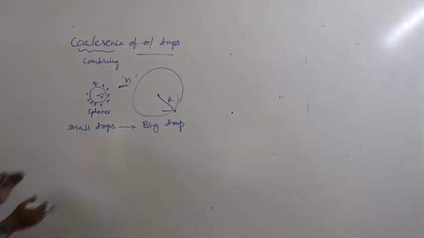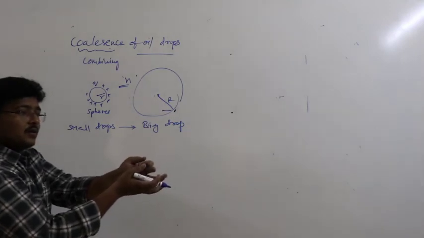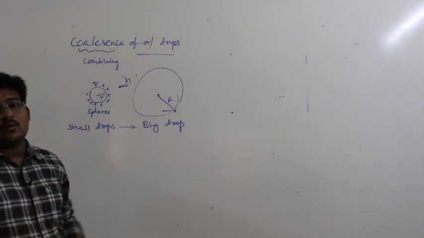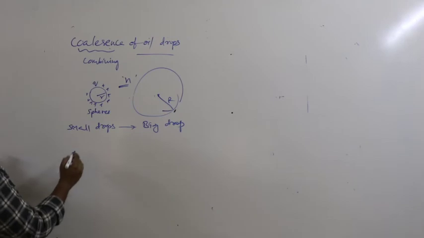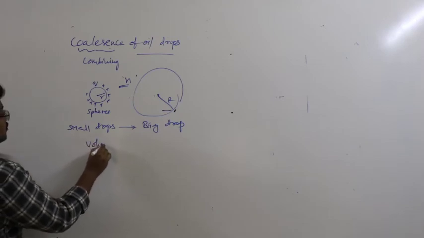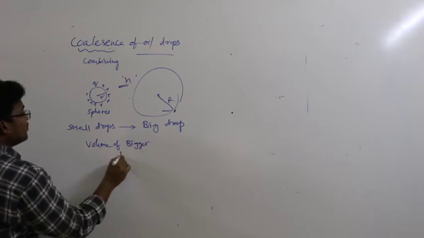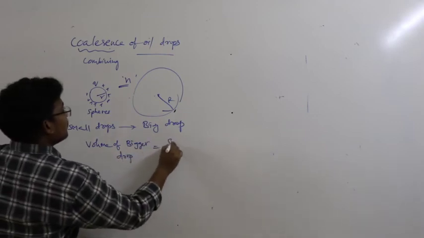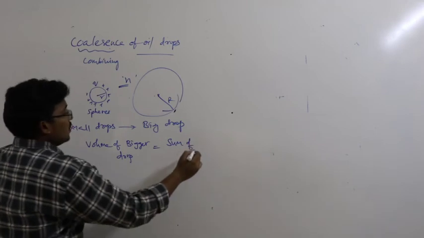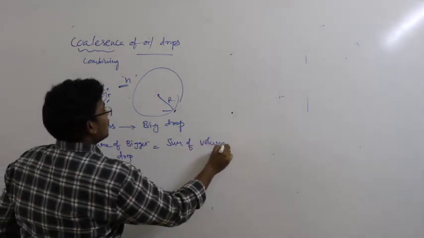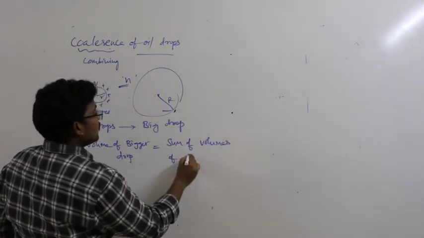See here, as we add, the total volume will be equal to the bigger drop volume. So volume of the bigger drop must be equal to the sum of volumes of small drops.